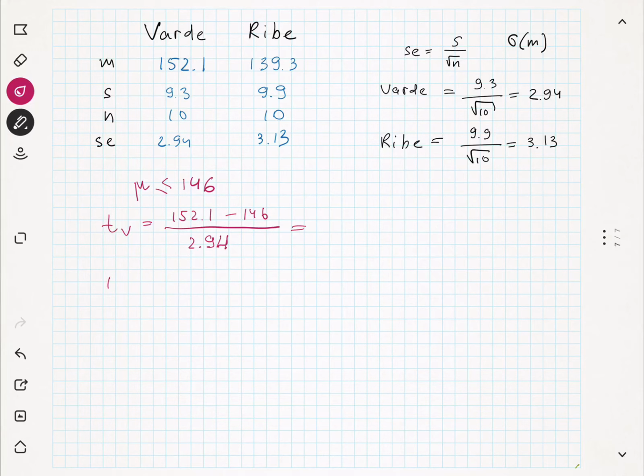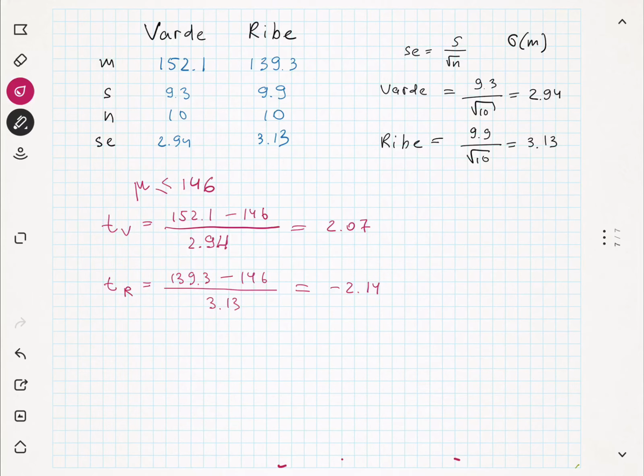Then for Riebe, the t-value will be 139.3 minus 146, and then we divide it by 3.13. We can just use a calculator to find the values. It will be 2.07 for Wade and minus 2.14 for Riebe.